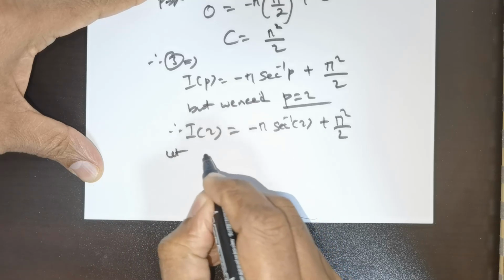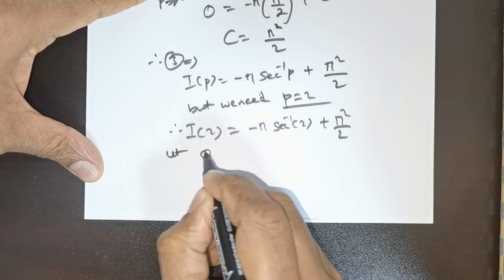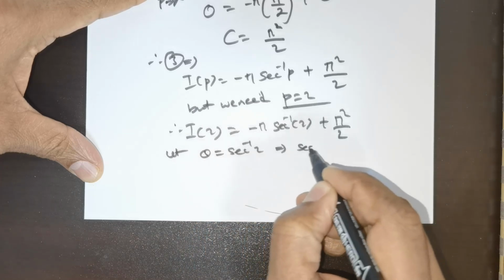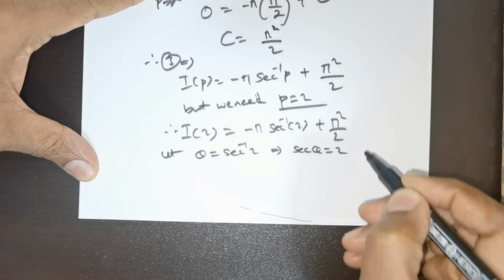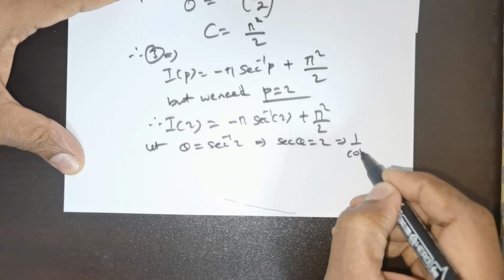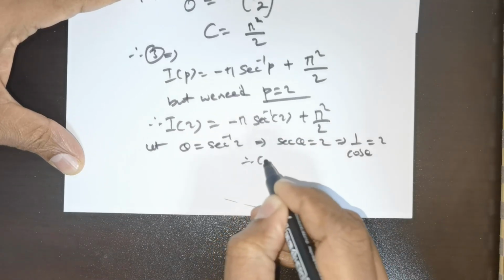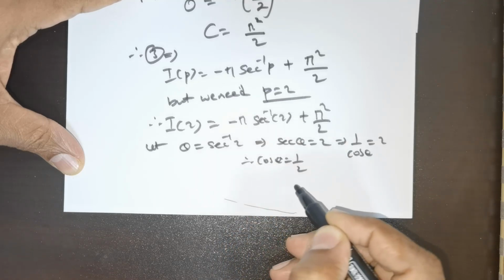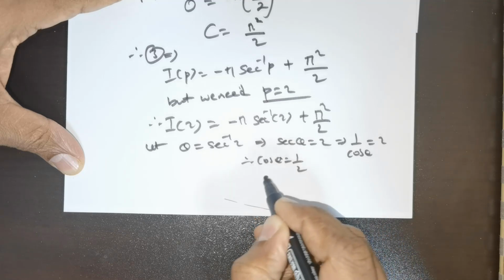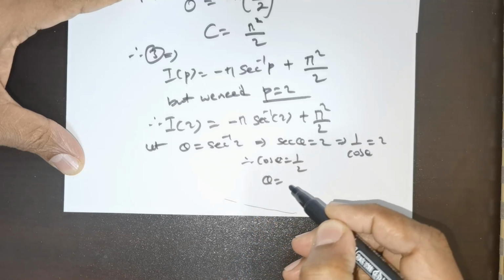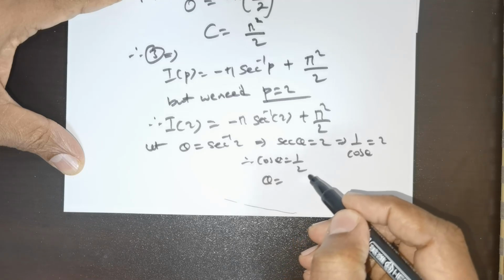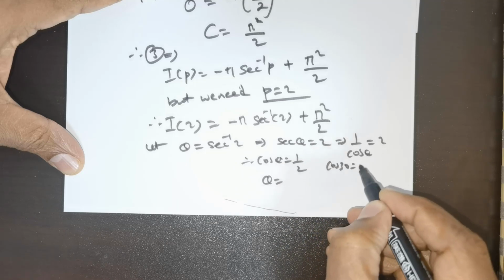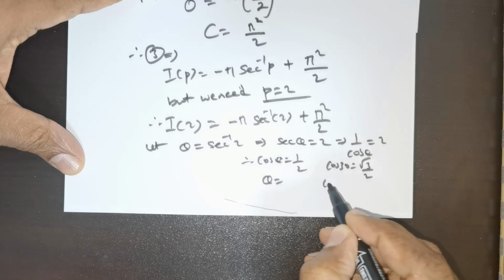Now let some theta be equal to secant inverse of 2. So that would mean secant theta is equal to 2. So this means 1 over cos theta is equal to 2. Therefore cos theta is equal to 1 over 2. So what is the value of theta for cos theta to be equal to 1 over 2? Cos 30 is root 3 over 2.